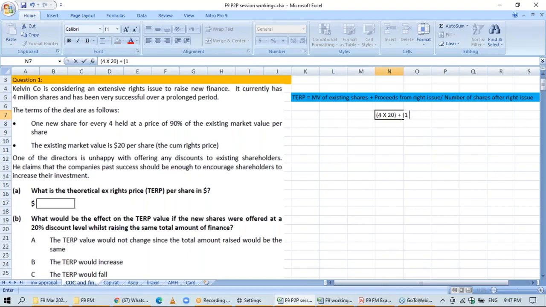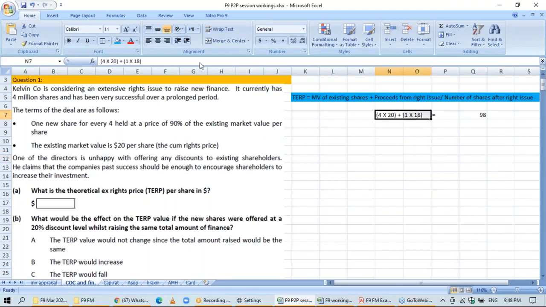So one for every 4 shares will be issued at a discount of 10%, at 90% price, means at $18. So 1 million more shares will be issued at 18. So this means the total capital will become 98 million.